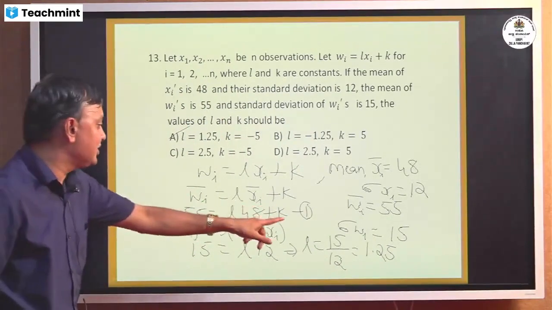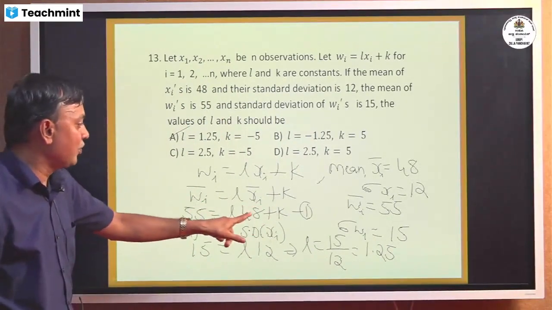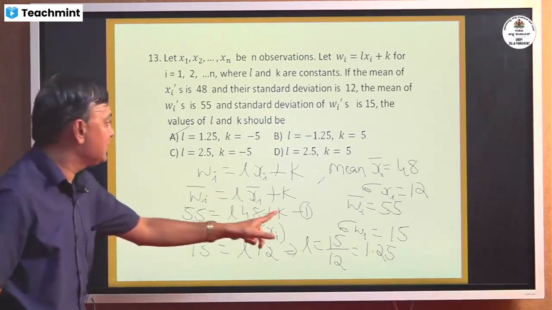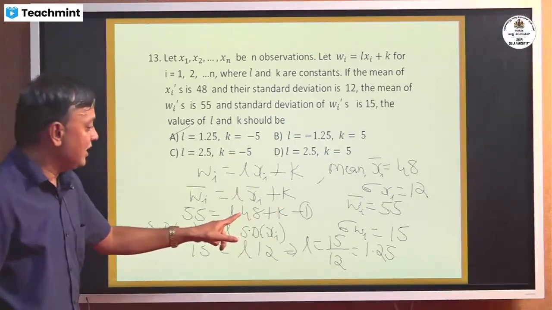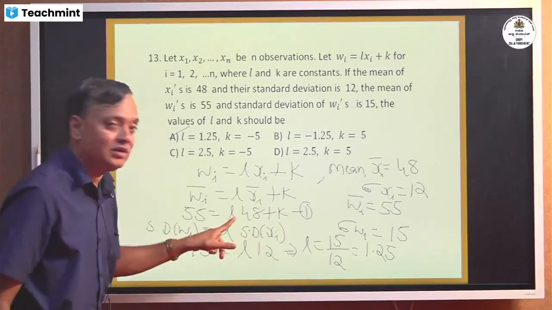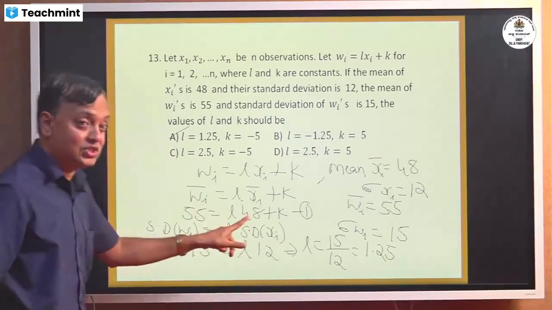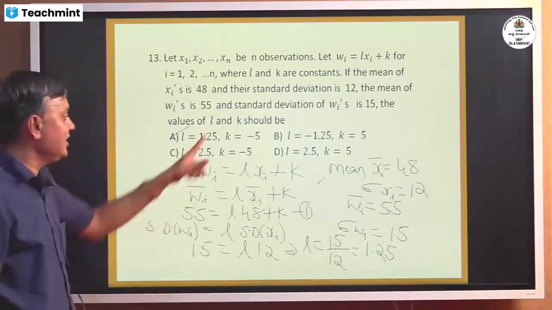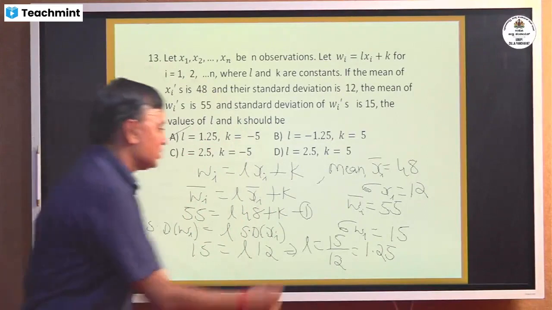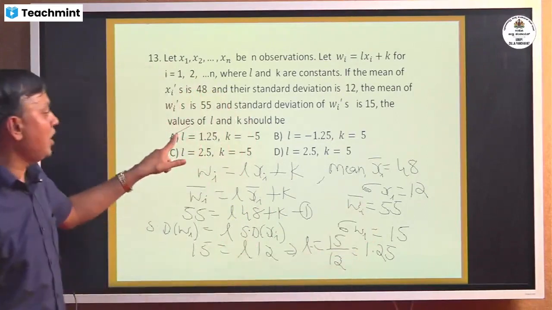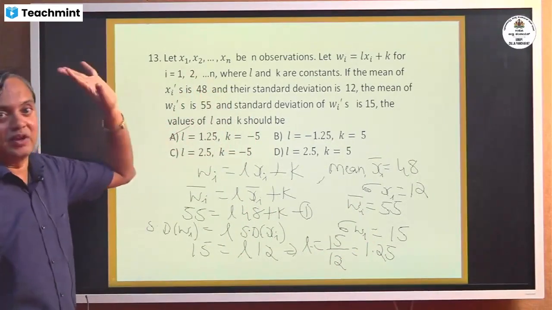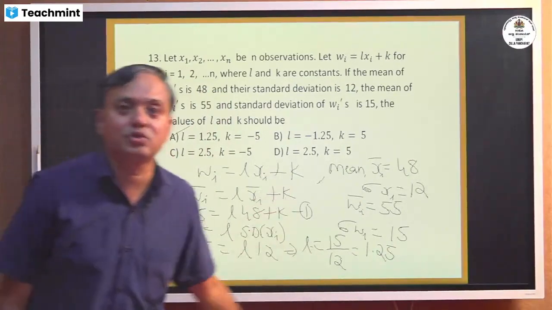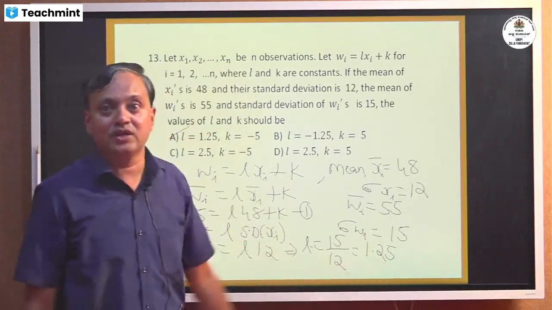We get k: 1.25 into 48 is 60, sorry, then 55 minus 60 is minus 5. Check it. l is 1.25, and only one option has this, so k must be minus 5. To find k, substitute the value of l in equation 1.